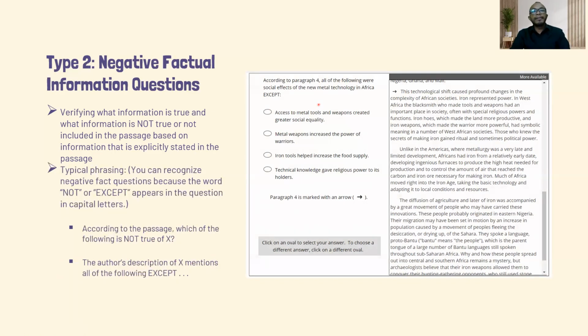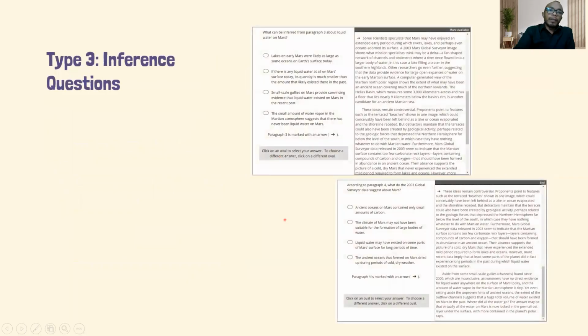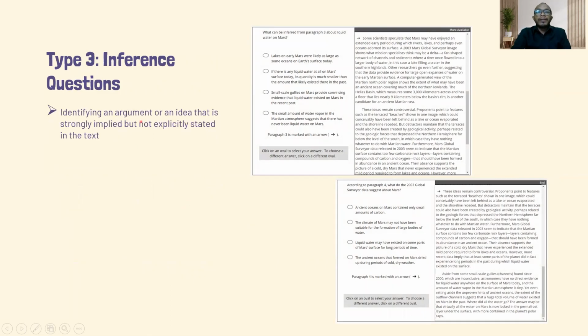All right, now moving on to the third type, which is the inference question. The inference question asks you to identify an argument or an idea that is not clearly or explicitly stated in the passage, but there will be information or ideas that help you to conclude that information or idea. All right.